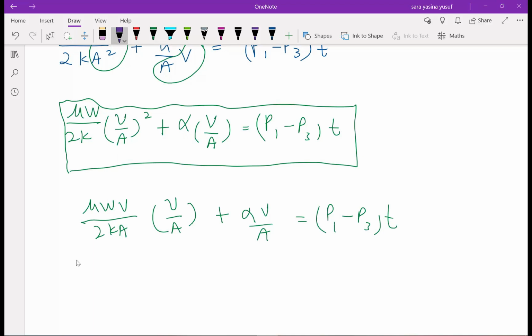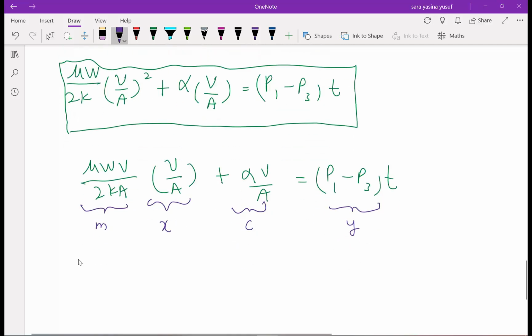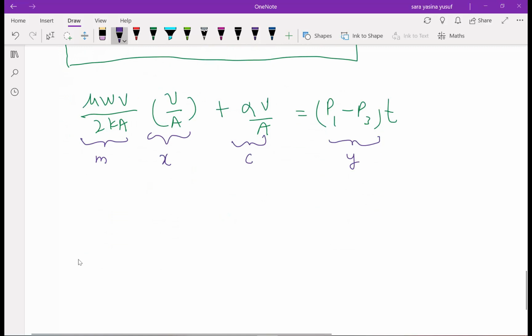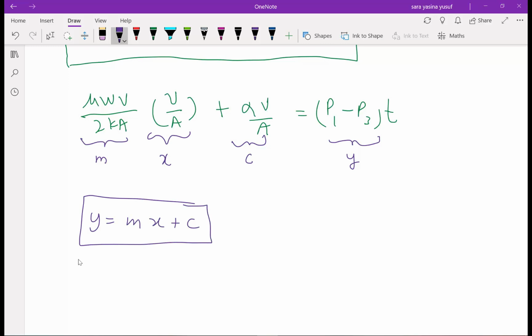So apa? So this becomes you punya x-axis, this is your y, and this is your m, which is the slope, and this becomes your c, intercept y. Okay, so you will get y equal to mx plus c punya expression.